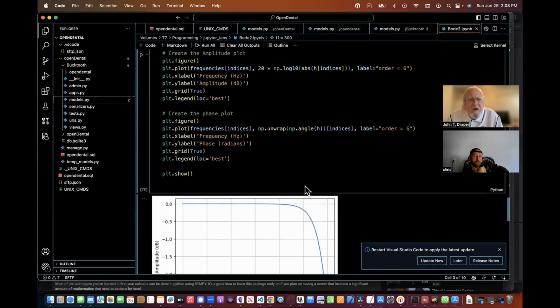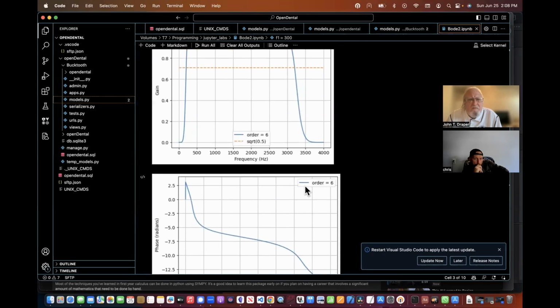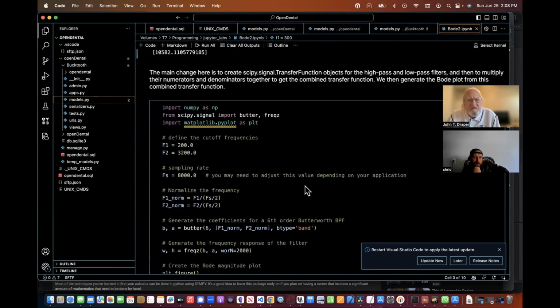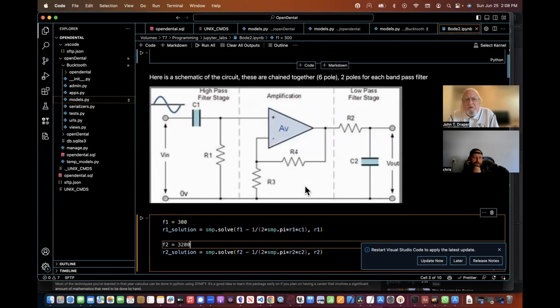So there you have the math involved in calculating out a circuit and using these frequencies and these values, which are then put up into here to create your actual band pass filter. And so there you have the actual Jupyter Notebook analysis, I guess you'd put it, of the thing.